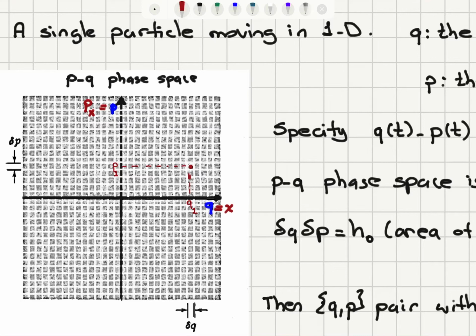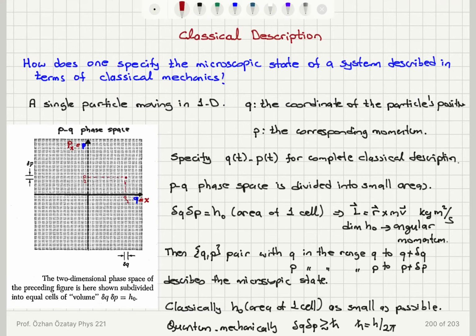Then you have a particular value q1 and p1, and we see that if we divide this phase space into cells with area h0, which is equal to delta Q times delta P, equal area cells, and if I tell you in which cell the particle resides, that means I'm telling you its position is in the range Q to Q plus delta Q, and corresponding momentum is in the range P to P plus delta P, which gives the microscopic state of the system.